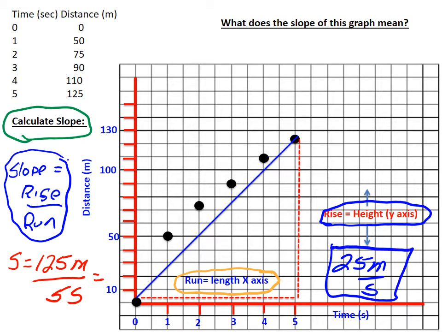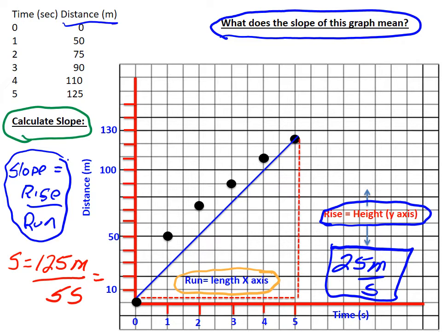That would be my slope of the line. Now the question up here says, what does the slope of a graph mean? Well, the slope of a distance and time graph is always going to give you speed. It'll always measure out to give you speed.